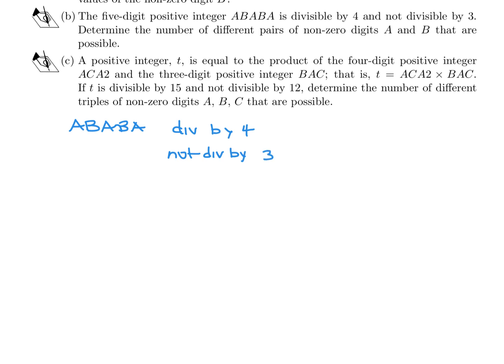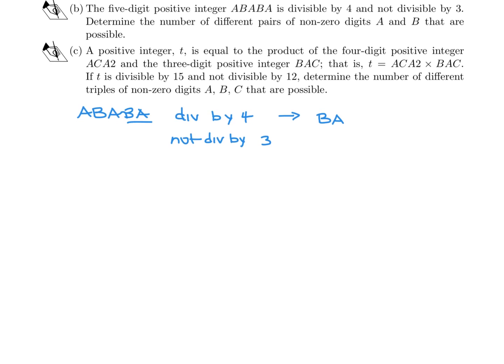So the first one basically tells me that this BA, whatever this BA is, it's divisible by 4. Okay, so I've got to make a list here. Hopefully it won't be too long. So I've got my BA, then I have a B and then an A, and then I've got to eventually figure out the sum.